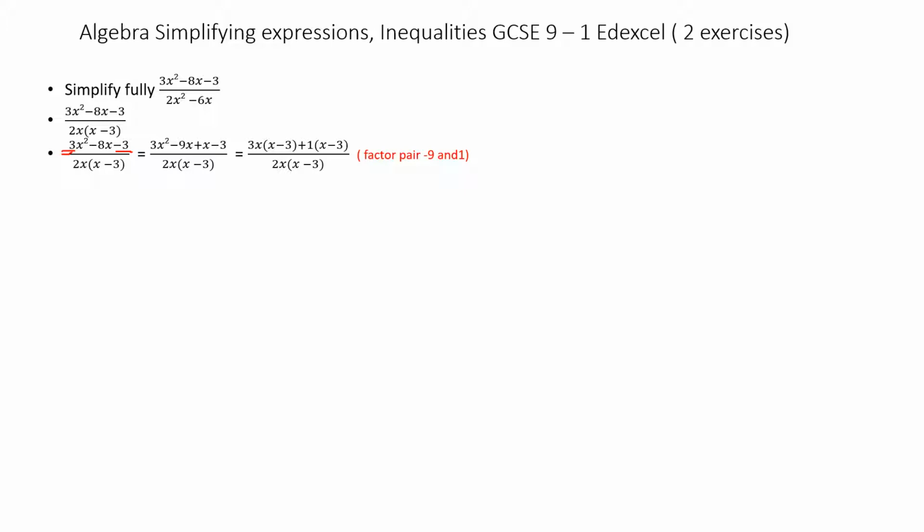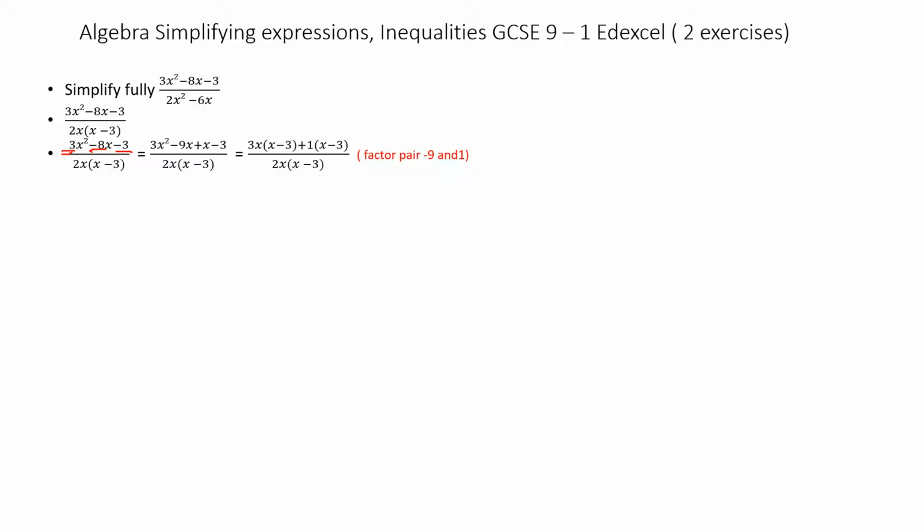So 3 times minus 3 is minus 9, and the factor pair for that is minus 9 and 1. I've chosen minus 9 and 1 because when I add them, I get minus 8, which is the coefficient of x. I hope all that makes some sense.